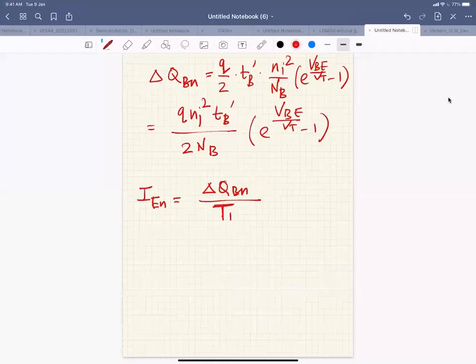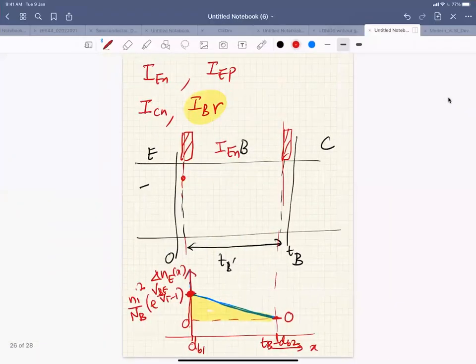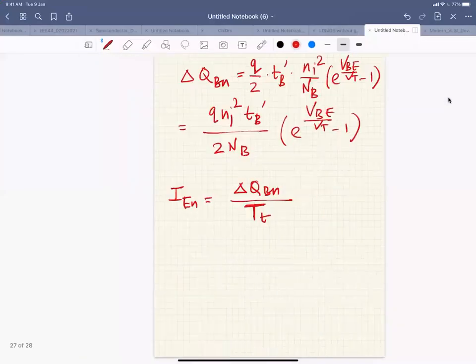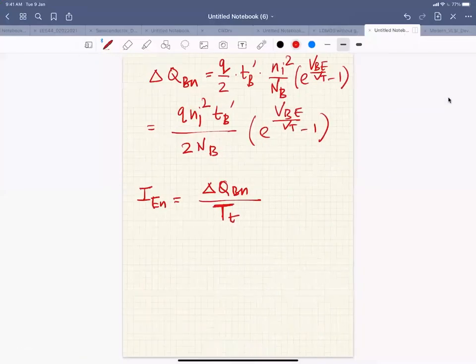This time is called the transit time, TT: how much time this charge packet takes to travel from the emitter-base junction to the collector-base junction. That is the transit time across the base. So the current will depend on delta QBN by this transit time, charge by time equal to current. If I do that, then I can also find the current equation.